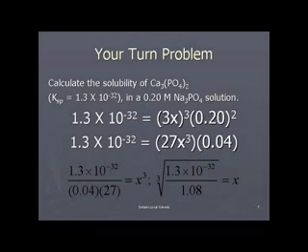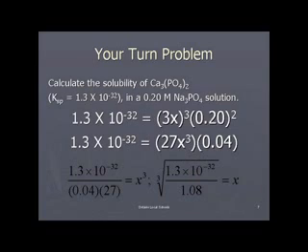So our expression simplifies to the KSP value of 1.3 times 10 to the negative 32nd is equal to 3x cubed times 0.20 squared. When we continue to simplify this, we have 1.3 times 10 to the negative 32nd is equal to 27x cubed times 0.04.